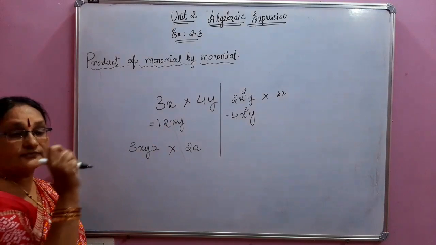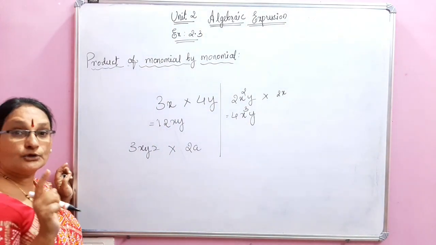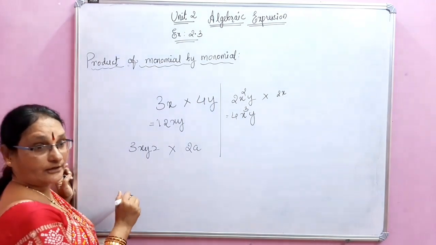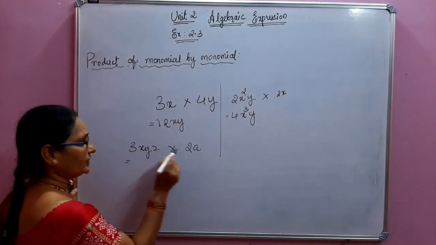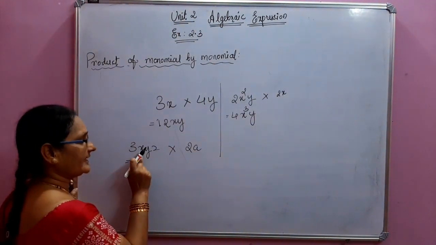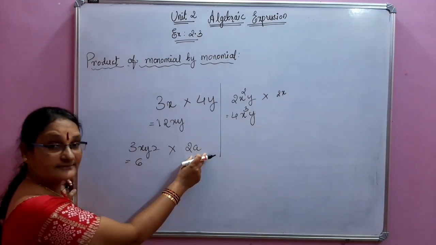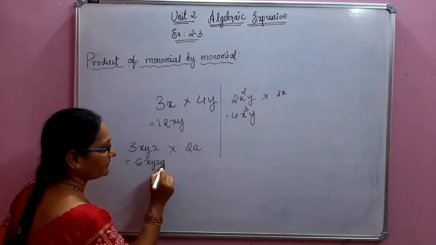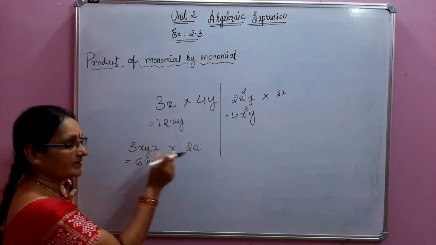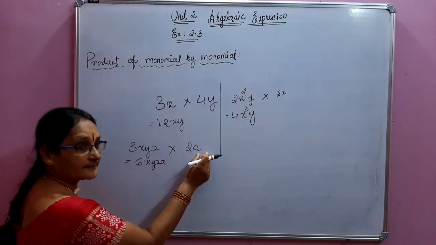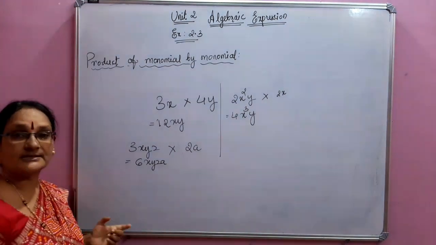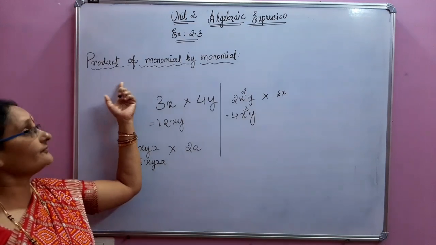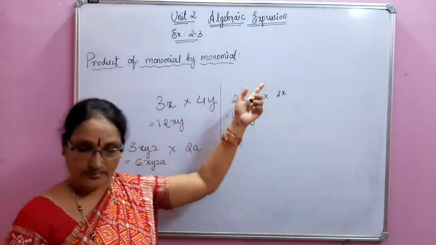Already I said that first we have to multiply the numerical coefficients of both the monomials. 3 2s are 6. Here x is there, here there is no x. So we have to keep x, y, z, a, because both are different here. x, y, z is there, here a is there, so we keep as it is. So this is what multiplication or product of monomial by monomial.